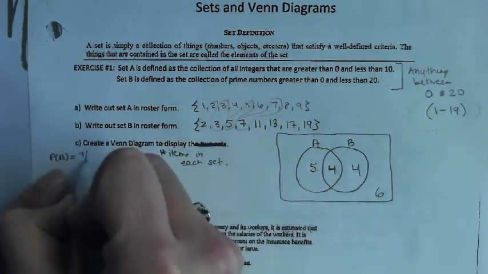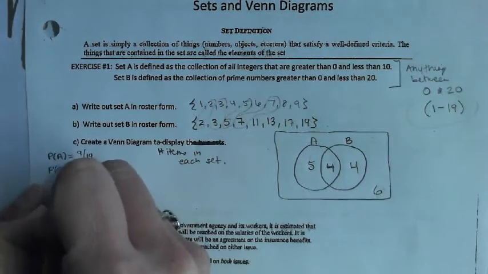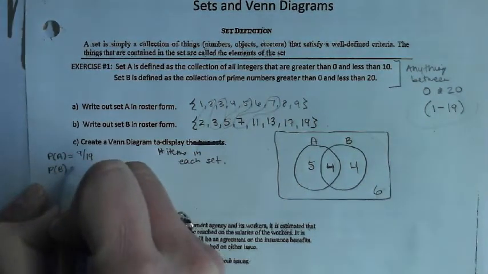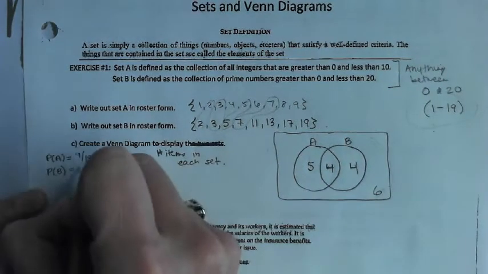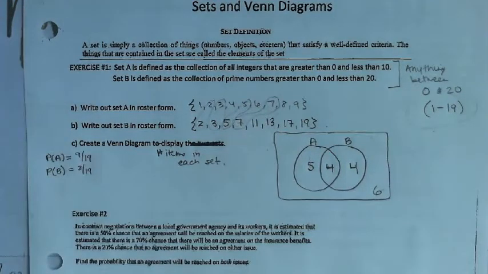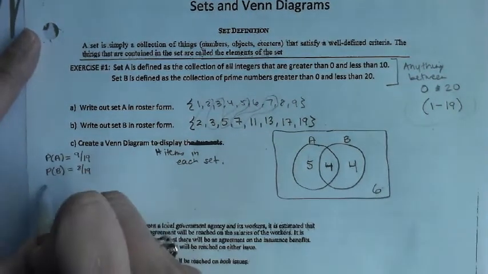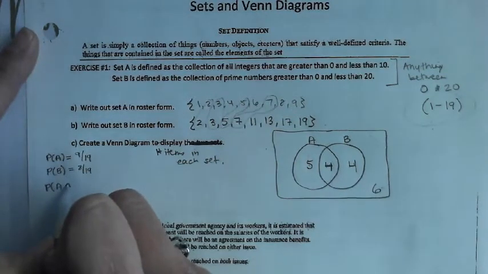So that would be 9 out of 19. How about the probability of B? Evan, what do you think? Probability of B? 8 out of 19. Very good. Now, a couple new symbols. A, and then this upside down U.